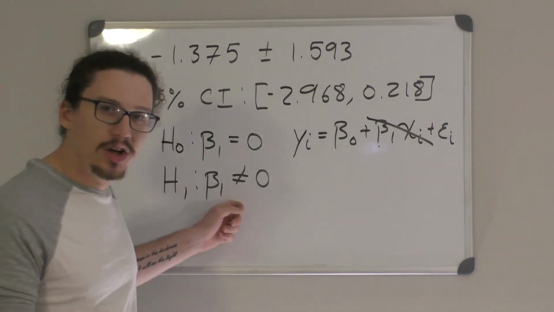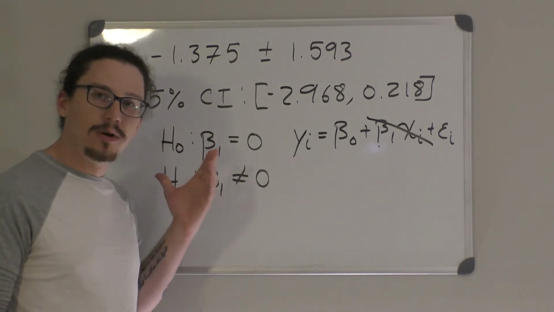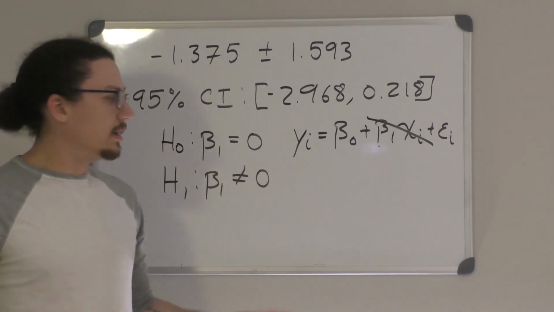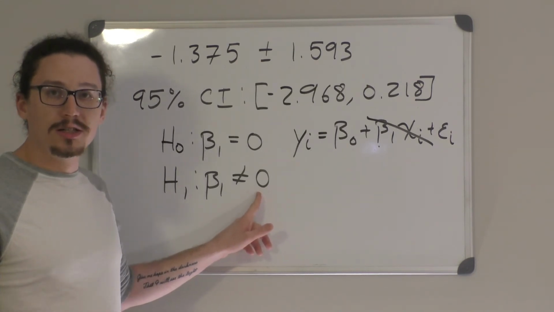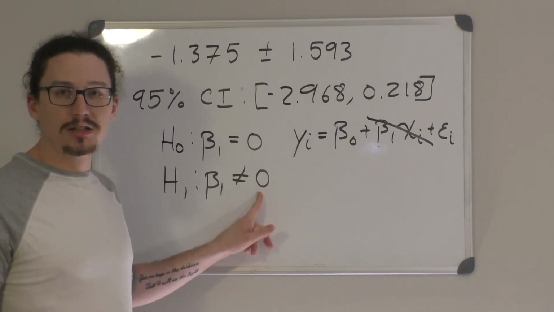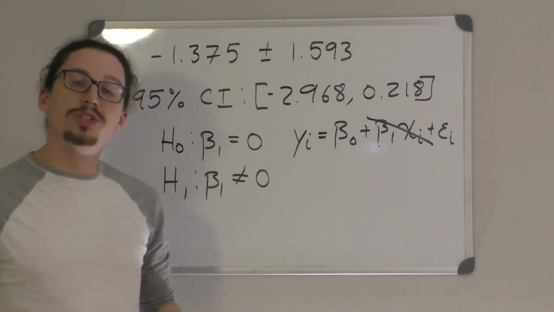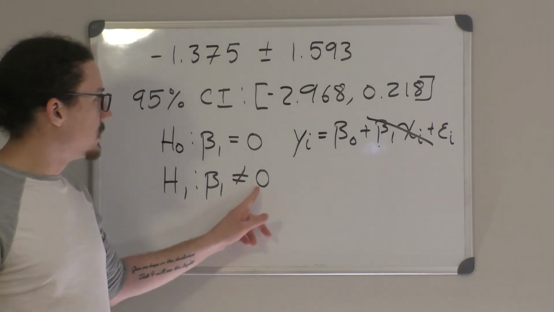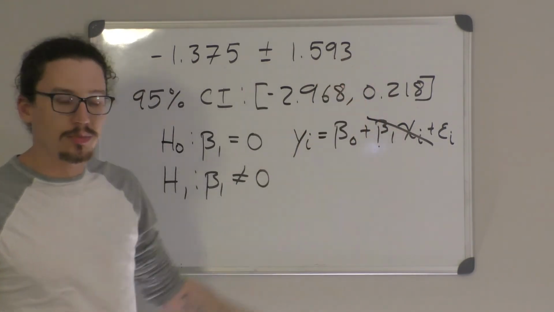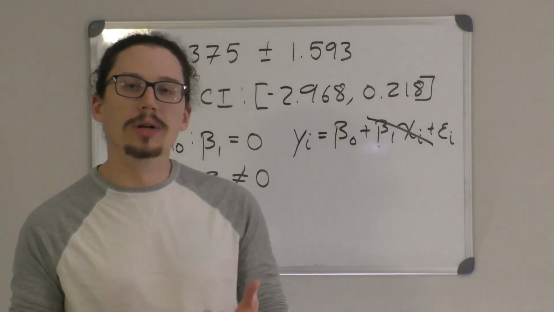But to cut a long story short, we can of course look at our confidence interval to interpret a two-tailed test. So 0 is our arbitrary constant. If our arbitrary constant is in our interval, we will fail to reject. If our arbitrary constant is outside of the interval, we will reject the null hypothesis. In this case, 0 falls into our interval. It's between a negative and a positive number, a pretty clear sign that we've got 0 right there, not necessarily in the middle, but you know what I'm saying.